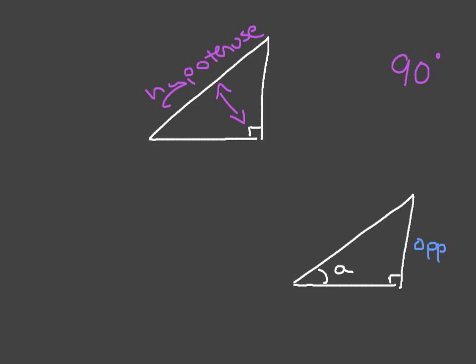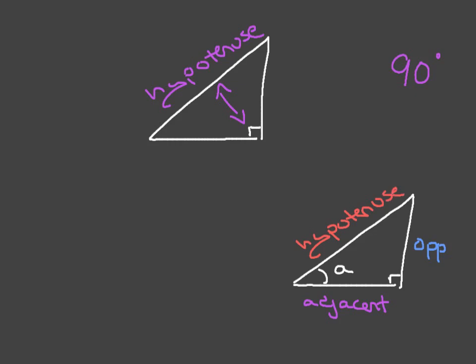The other side length that's going to be of interest is this one here, which is right next to A. And therefore we call it the adjacent side length. Remember, adjacent means next to. So we'll label that adjacent. And of course, just as for any right angle triangle, we always have the hypotenuse, which is, remember, directly opposite the right angle.